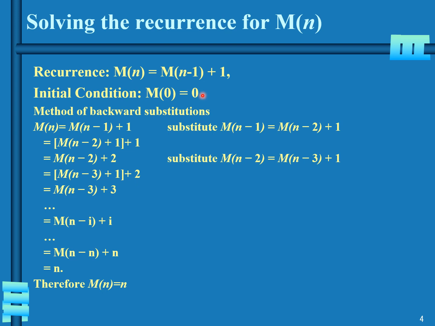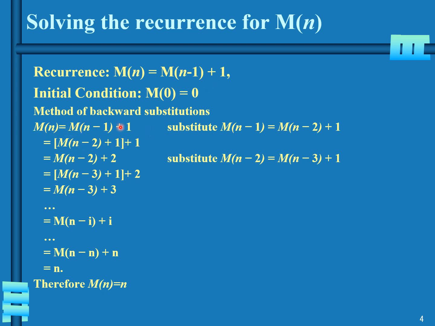Since the recurrence indicates how many times you perform the multiplication, when n is equal to 0 there is none, so the initial condition is M of 0 equal to 0. If n is greater than 0, we perform M of n minus 1 plus 1 multiplications. By using backward substitution, we are able to solve this recurrence.